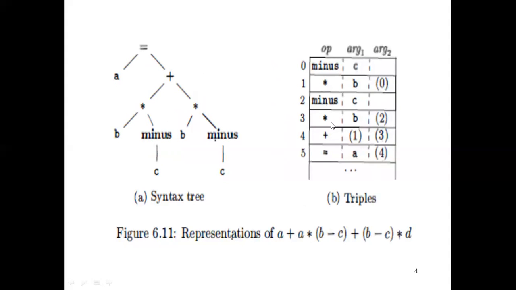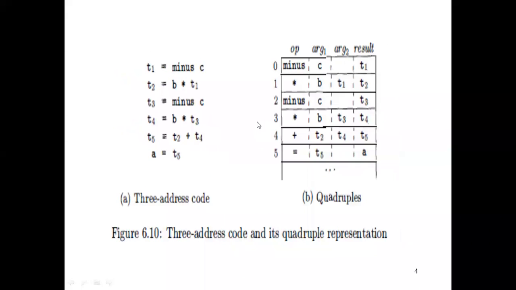Okay, and now come to another line. Here you can see another line, star B. Here the operator is star, argument 1 is B and argument 2 is T3. So in place of T3, what is T3? Line number 0, 1, 2.